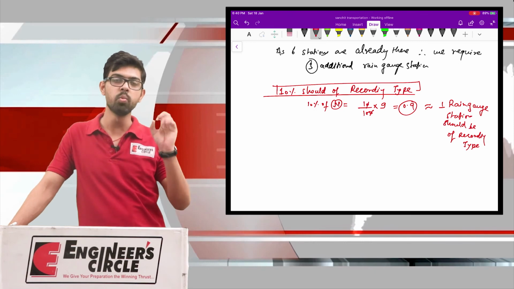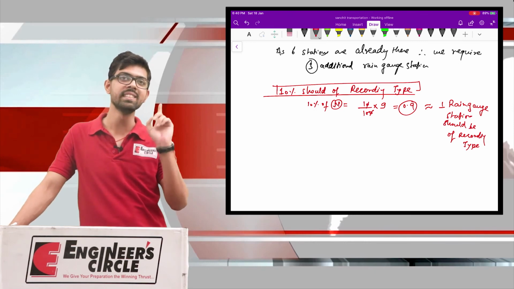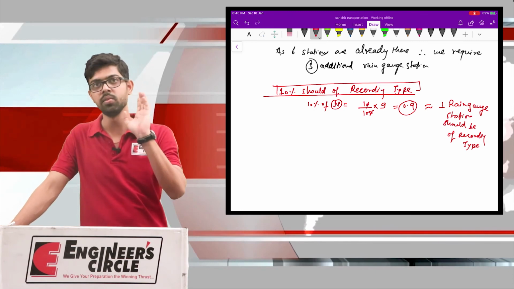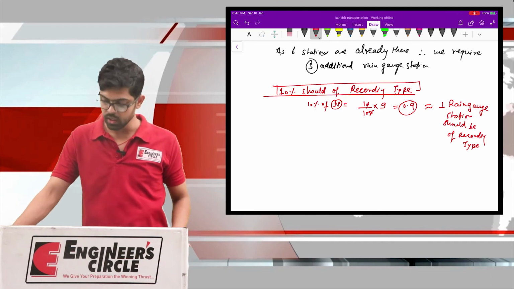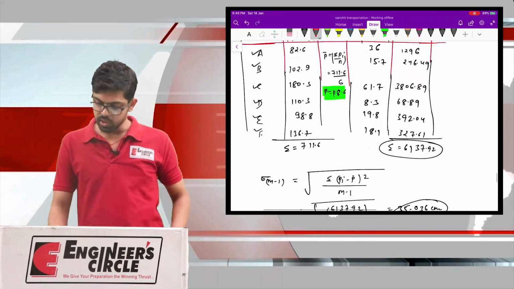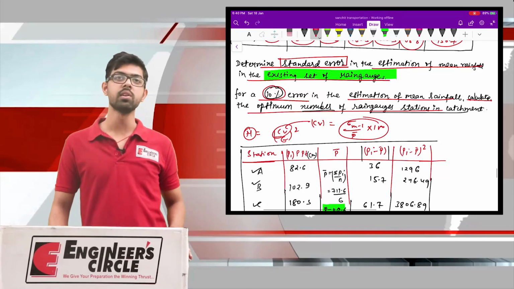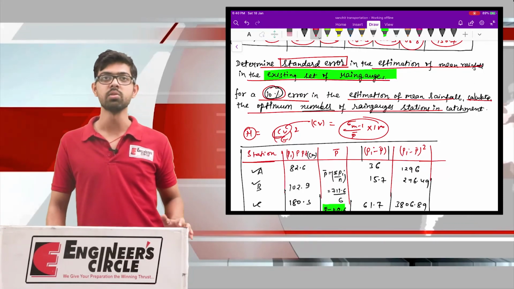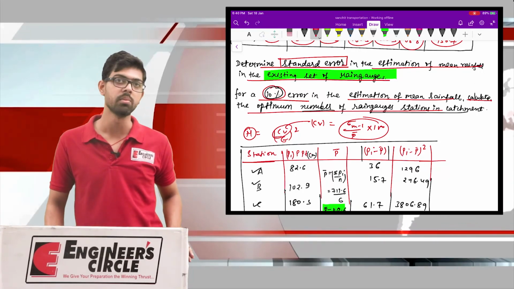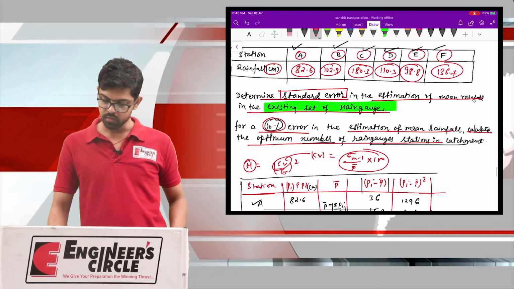So 1 rain gauge station out of these 9 should be of recording type as per the recommendation. So this is all about the calculation of the optimum number of rain gauge stations. This is how you proceed to solve the problem. Okay, that's all.